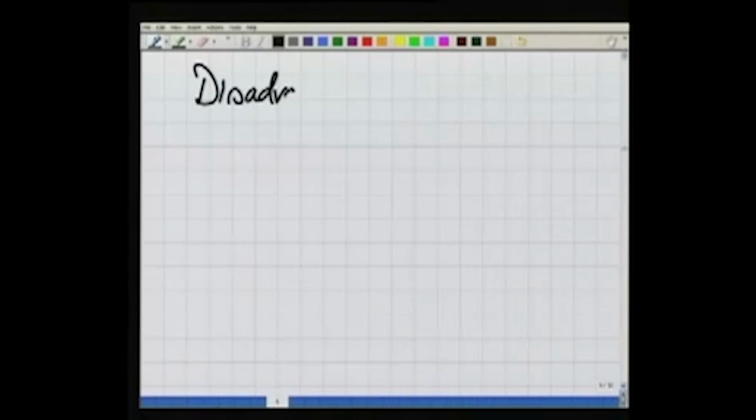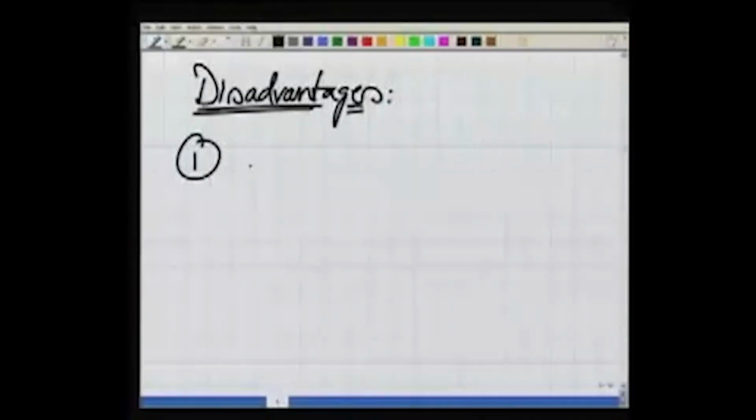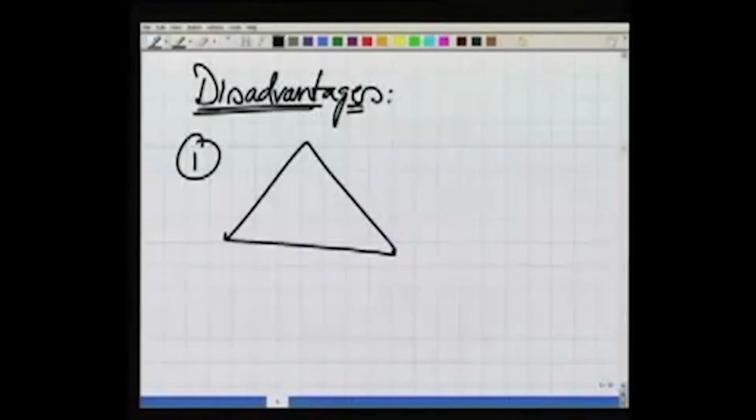After seeing these advantages, we will now see some disadvantages. Disadvantages of trilateration. Starting with number one: in the case of trilateration, you are measuring these 3 sides.